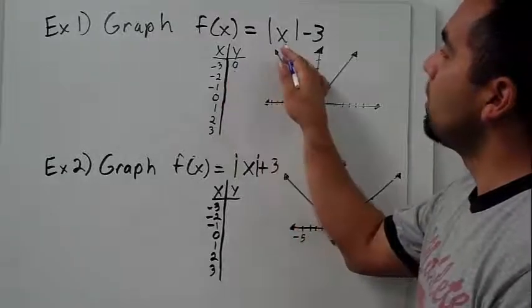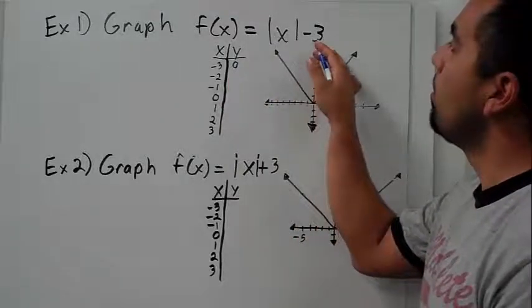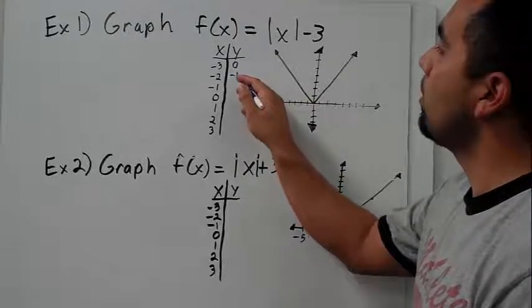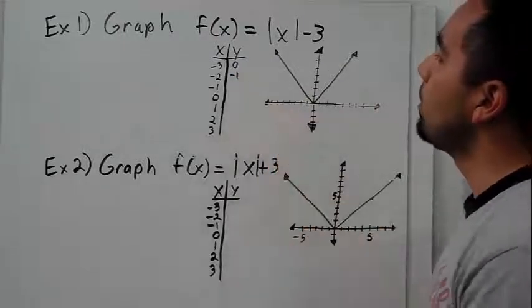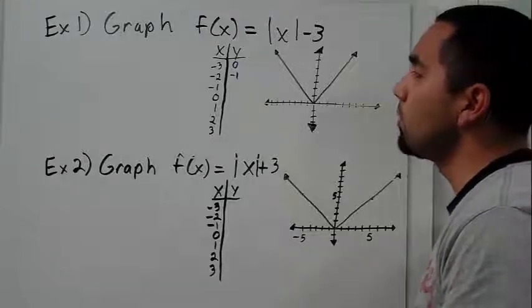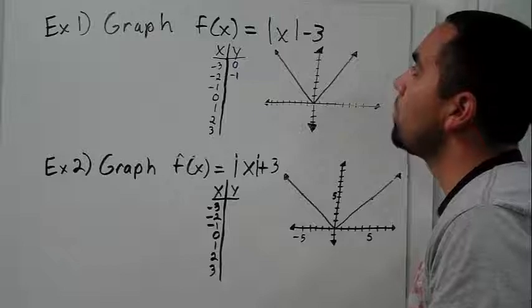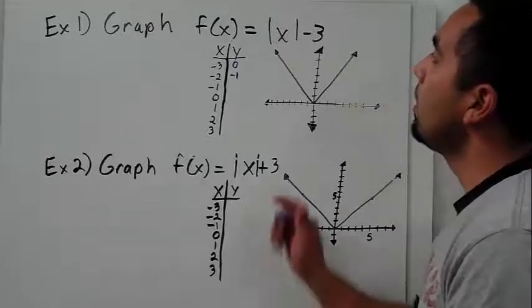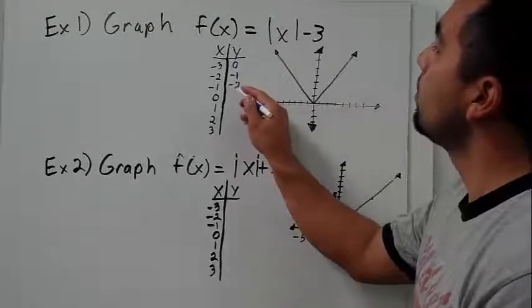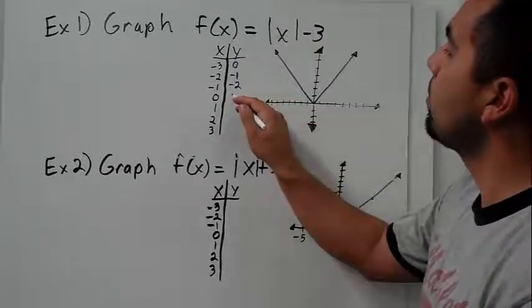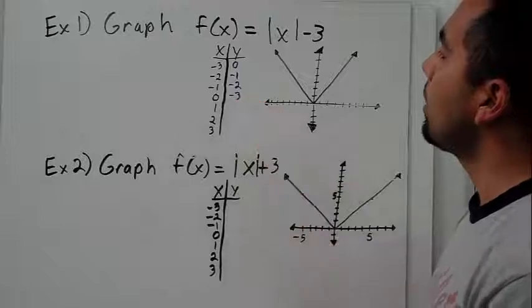-2 becomes +2. +2 minus 3 is -1, right? -1 becomes +1. +1 minus 3 is -2. And 0 stays 0. 0 minus 3 is -3.